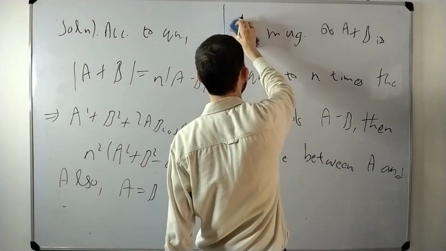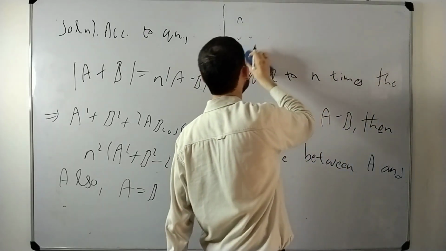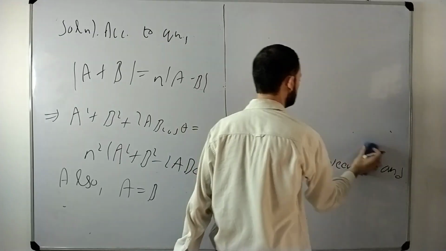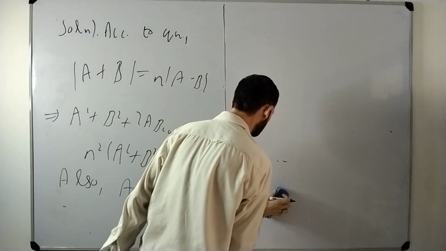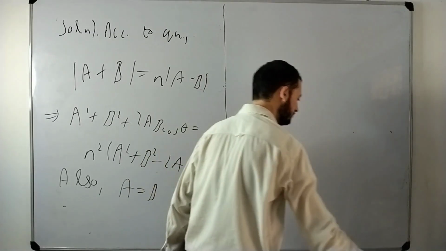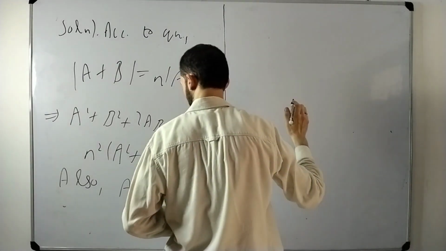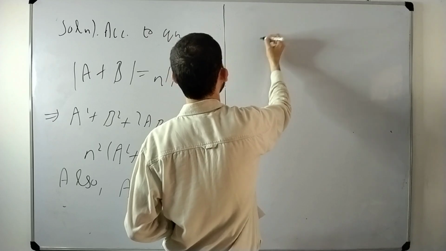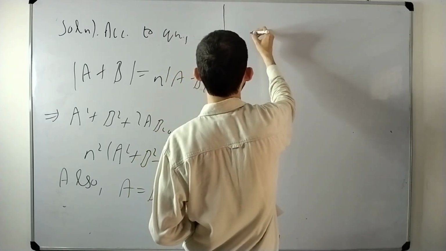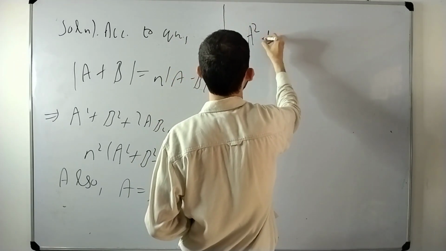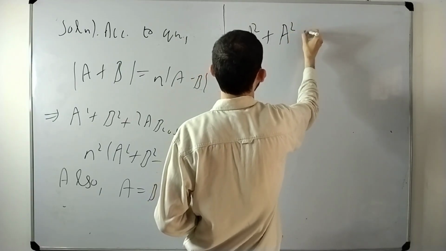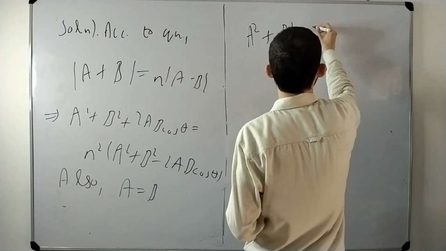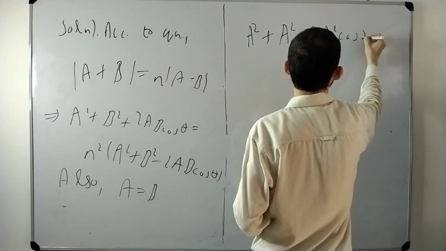Many people have already gotten the value. But still, now put A equal to B everywhere. So A square plus A square plus 2A square cos theta.